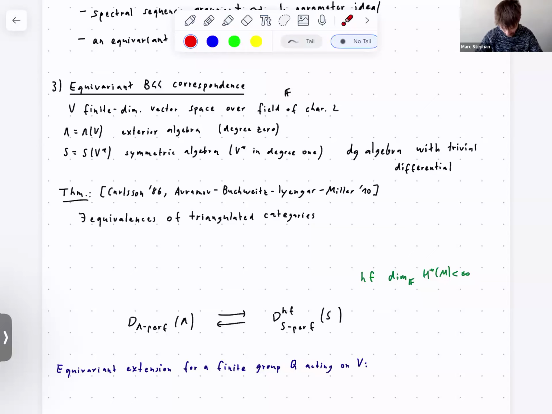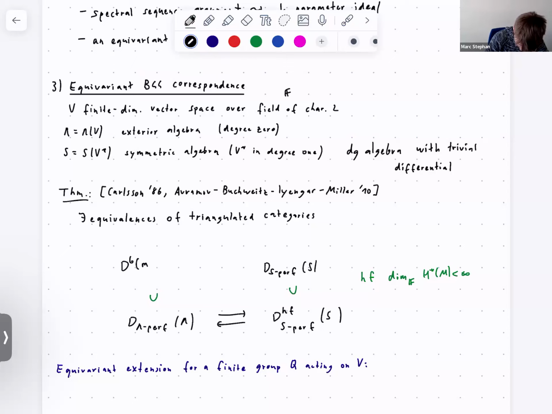I mean, they also work with DG modules, but they have a bit different gradings. And namely, these sit inside, on the one hand, we can take here all S-perfect DG modules, and on the other hand, we can take the bounded derived category of finitely generated lambda modules.